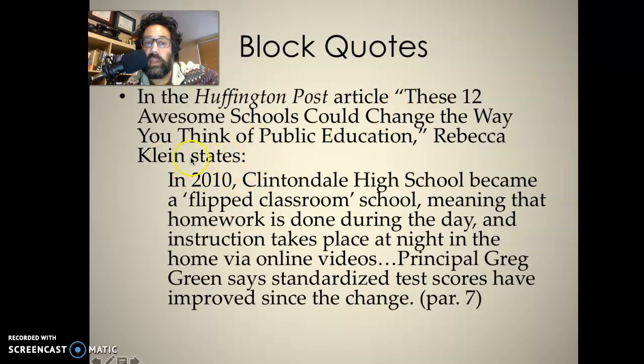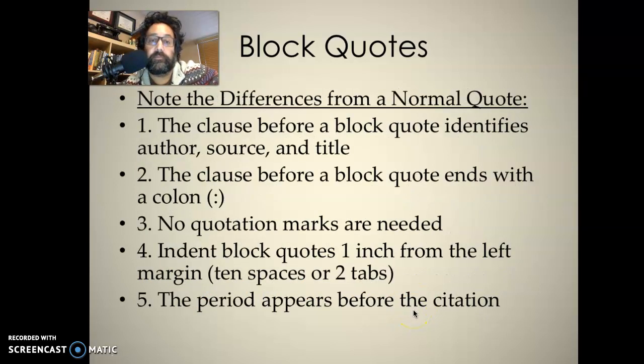Colon, ending with a present tense verb there, has to be that. And then the rest of it is right here. We have a block quote. Of course, there are no actual quotation marks, and the period is on the inside of your parentheses. And it goes over that on the next page.